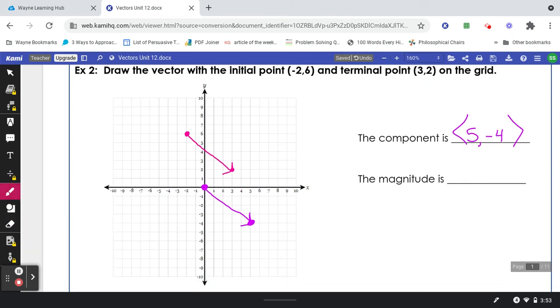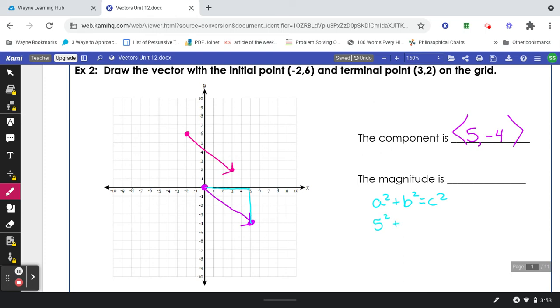All right, now the magnitude is just the length of this. So in order to find the magnitude, we'll do what we did before with the Pythagorean theorem. So this side and that side will be the A and the B. So A squared plus B squared equals C squared.